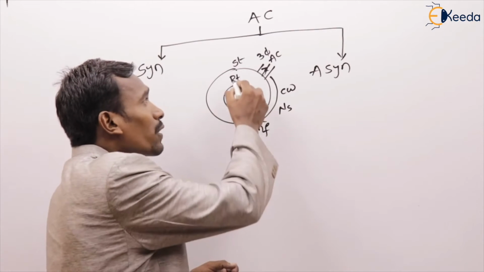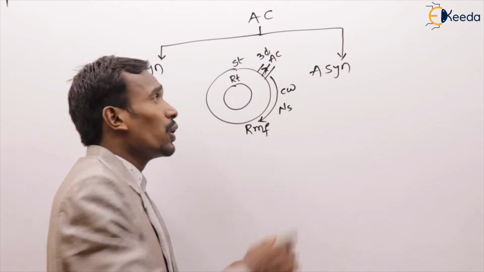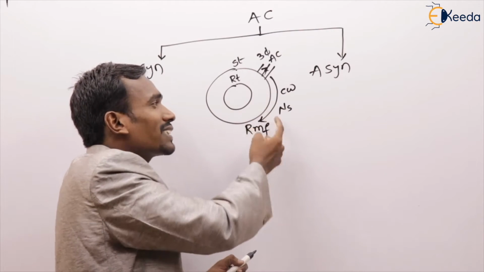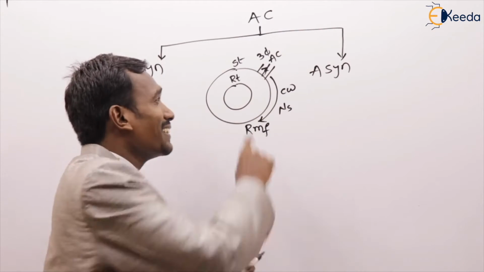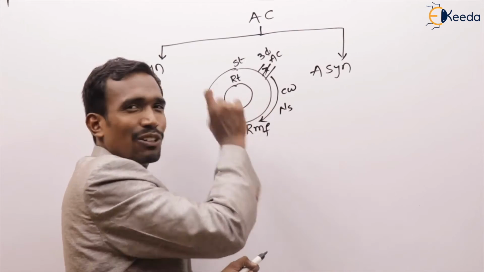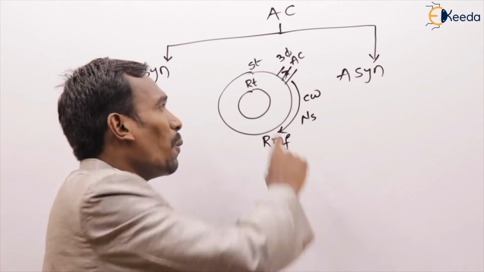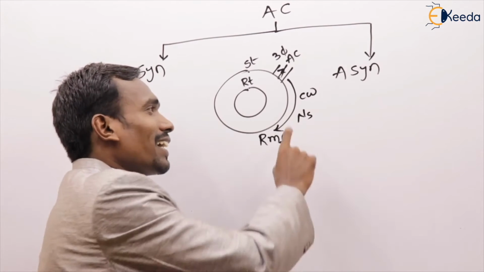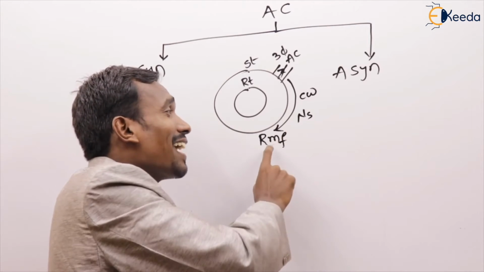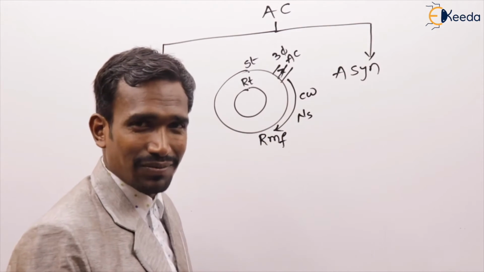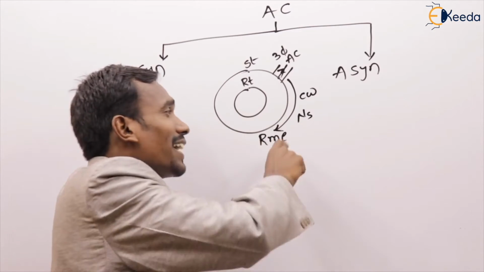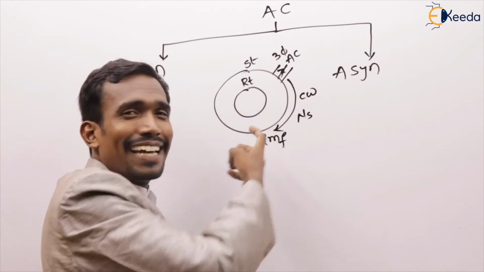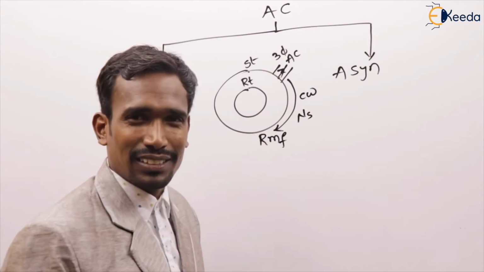If our rotor also rotates in the same direction with the same speed, these two fellows, the rotor and the stator magnetic field, are doing the same, then it is called synchronous.